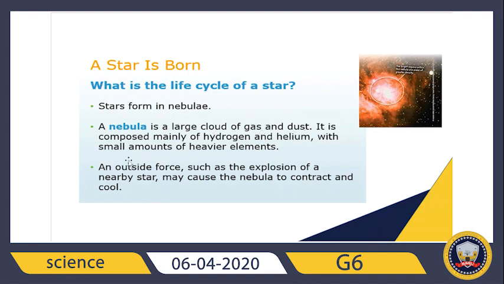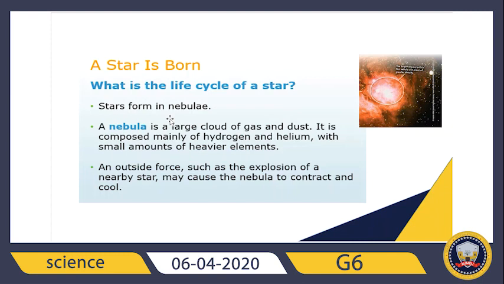So this nebula is composed mainly of which kind of gases, guys? It's composed mainly of hydrogen and helium gases, in addition to small amounts of other heavier elements. And you may remember that in our previous lesson we said that stars are composed mainly of what? Of gases such as hydrogen and helium. So it's the same for a nebula, as stars will form in this cloud.